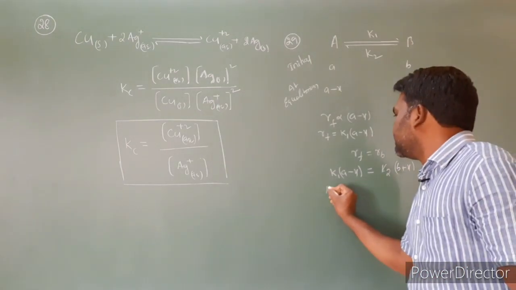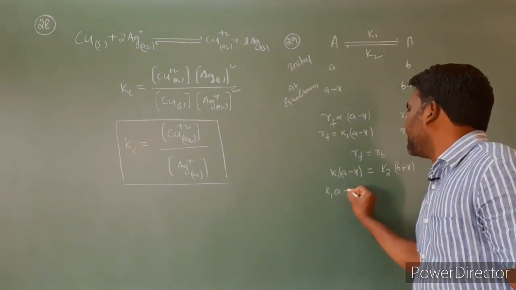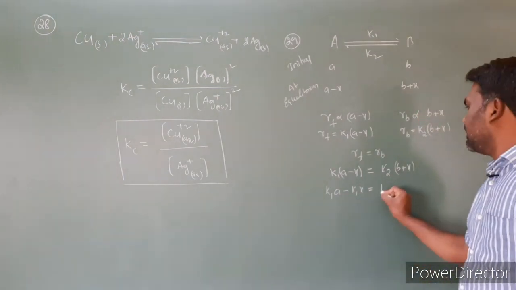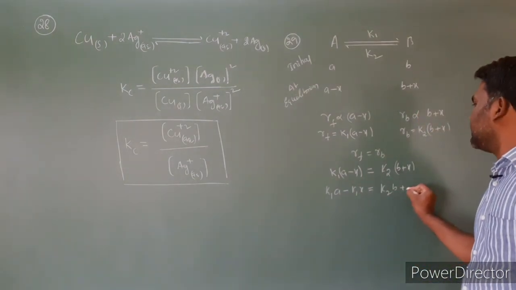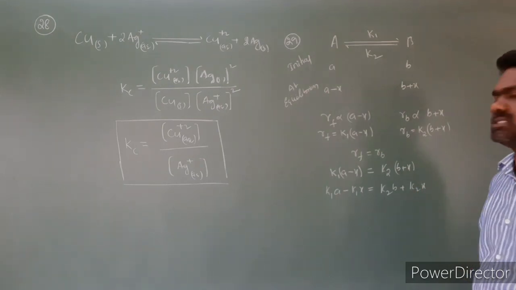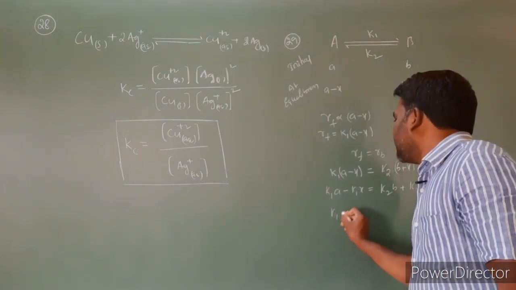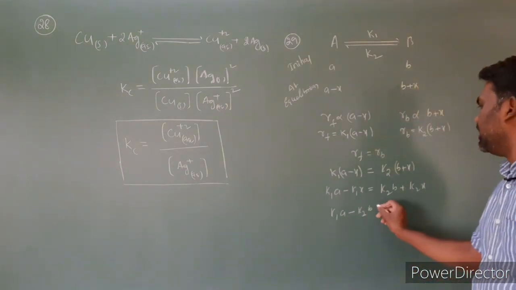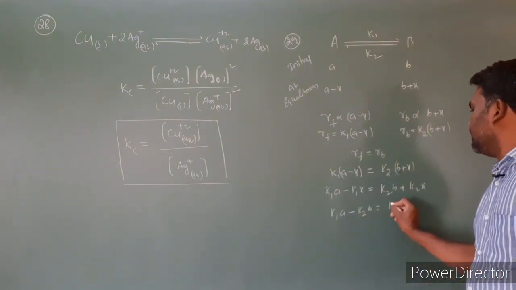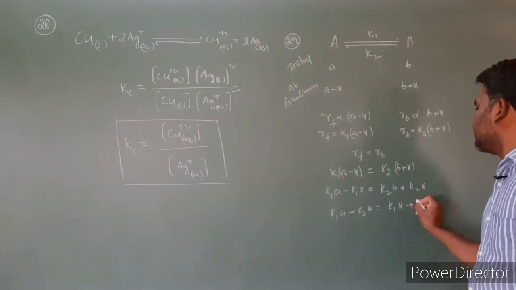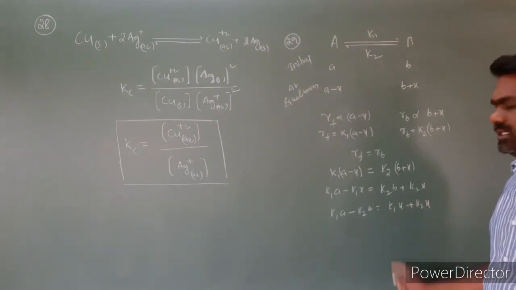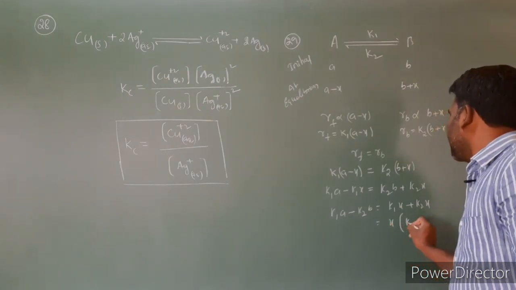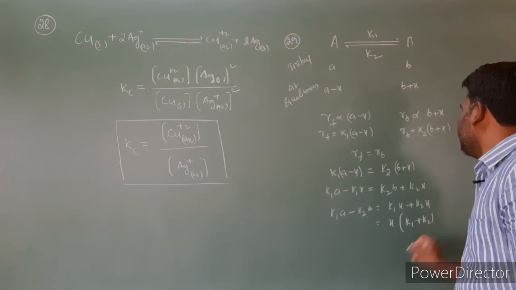So this equation is written as K1a minus K1x is equal to K2b plus K2x. Then K1a minus K2b is equal to K1x plus K2x. Take x common: x into K1 plus K2.